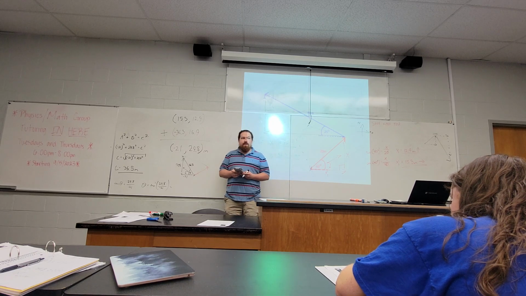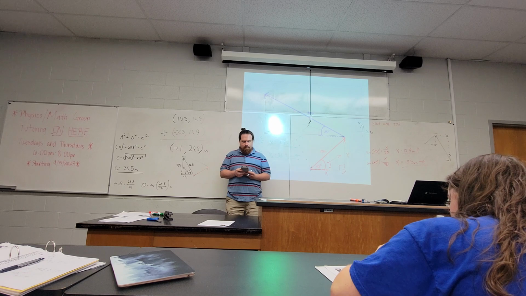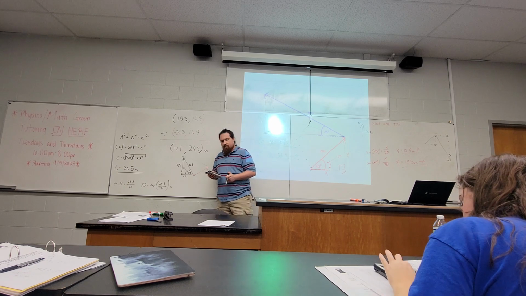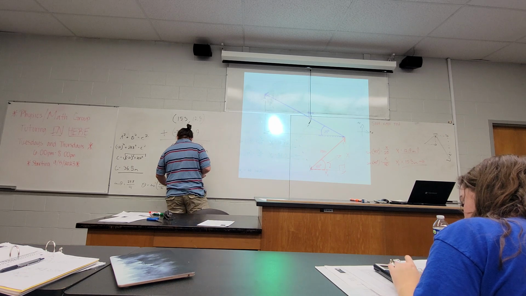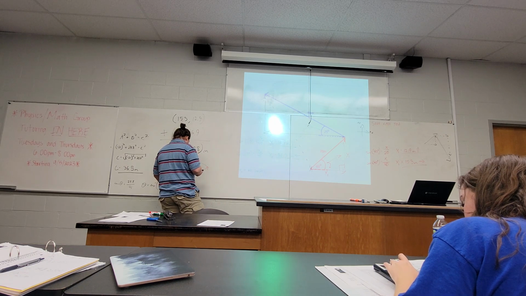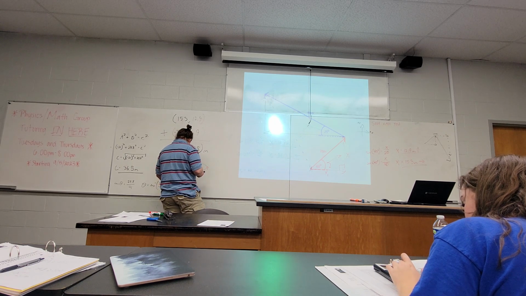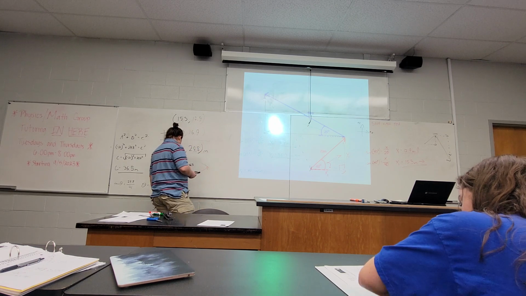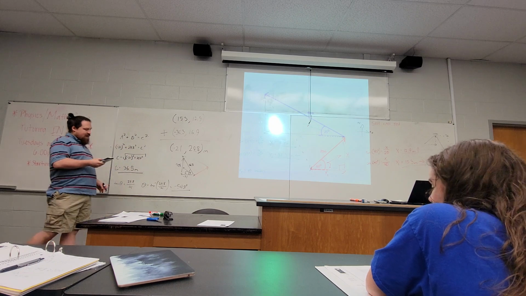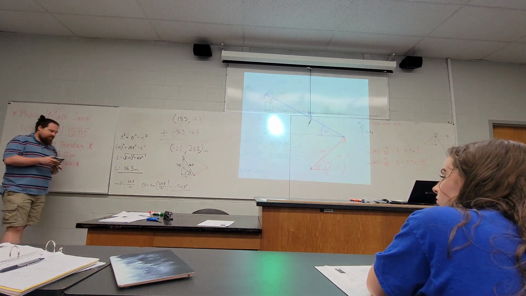So what angles do you guys get? 54.8. Very good. Now my calculator gave me a negative because I kept the negative on the x leg. So I'm going to write that negative down just to elaborate on what it means.